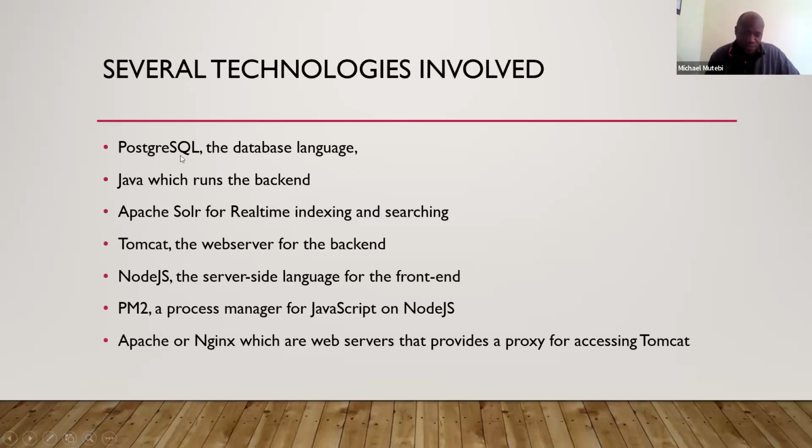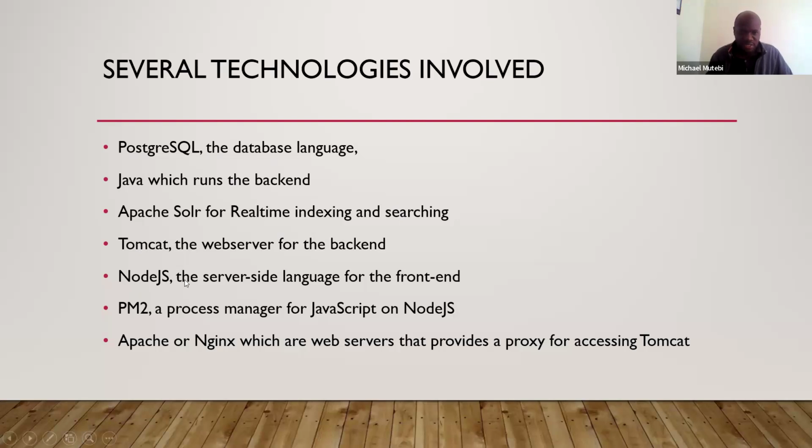So we've got several technologies with DSpace 7.6 and also DSpace 8, I think. We've got PostgreSQL, which is the database. We've got Java, which runs the backend, Apache Solr, which is used for indexing and real-time indexing and searching. Tomcat is the web server for the back end of DSpace.